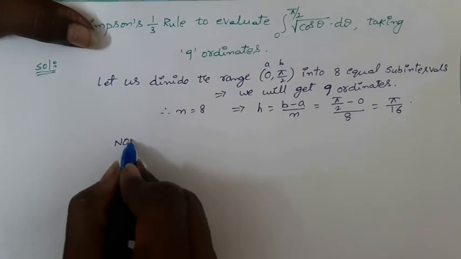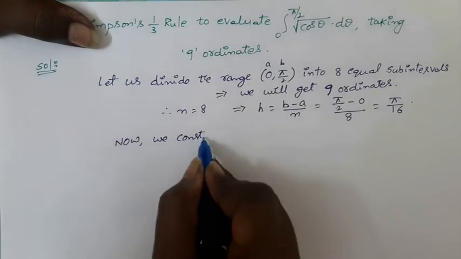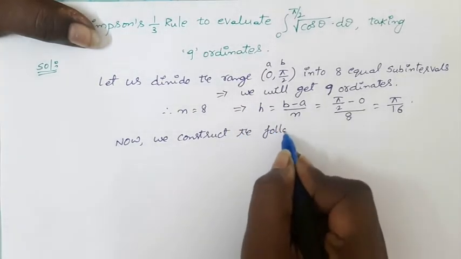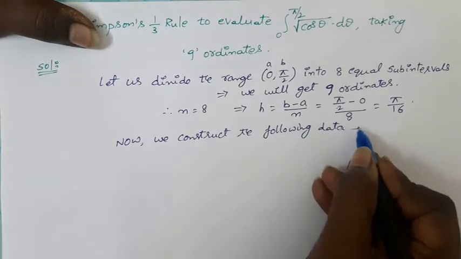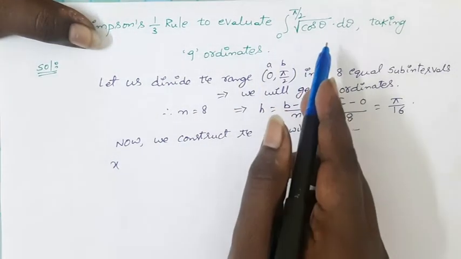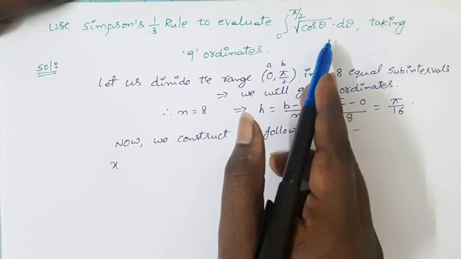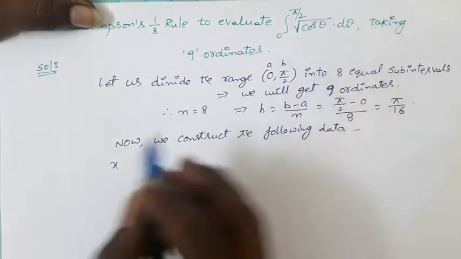Now we construct the following data. So take x values. Here x is nothing but theta. Most problems use x as the variable, but in this problem theta is given as the variable.